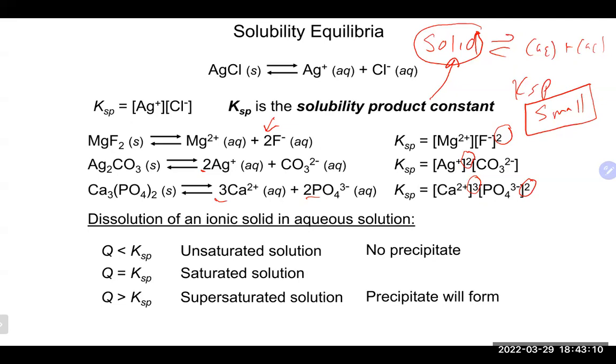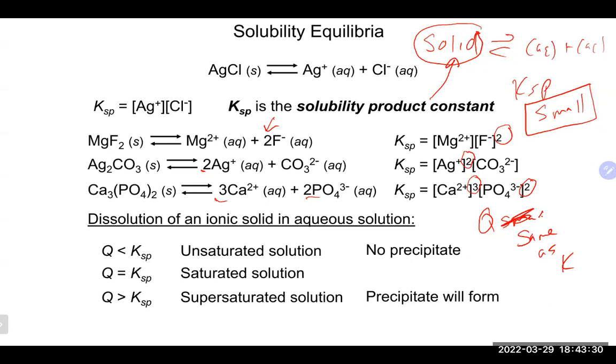We can also use something we saw earlier when we talked about equilibrium, which is Q, our reaction quotient. Q is calculated the same as K, so it's still products over reactants.